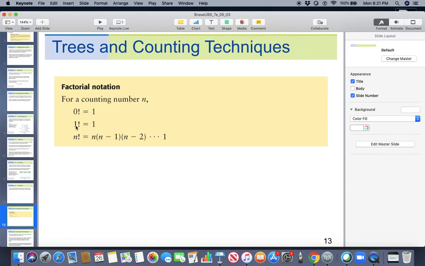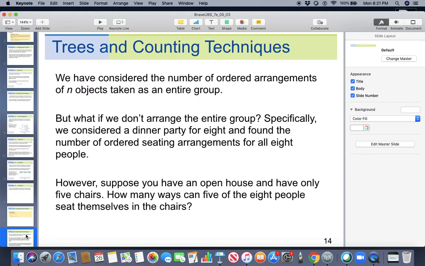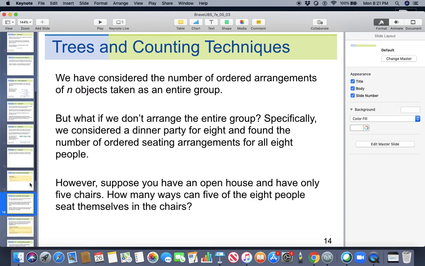For any whole number n greater than 1, n factorial is n times n minus 1, times n minus 2, until 1. What does this mean? 10 factorial will be 10 times 9 times 8, all the way until 1. So it's a countdown from your number until 1, and you multiply them all. All right. So let's come to this particular slide in our next video.